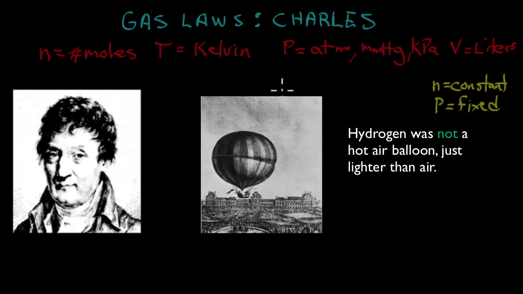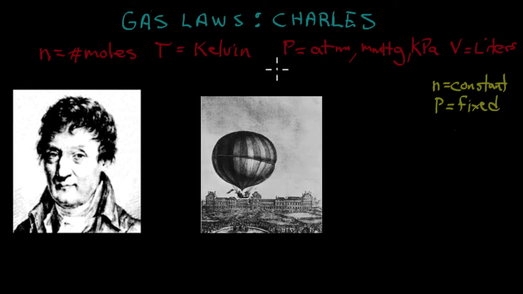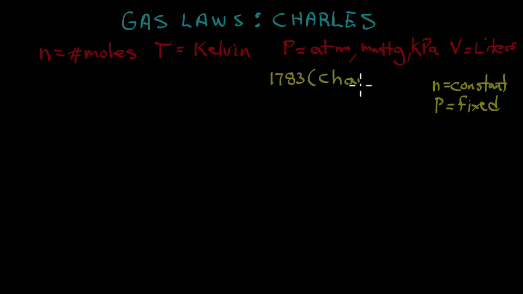The date for that was about 1783. Charles discovered a relationship between the gas and temperature: as the temperature increased, the volume increased. It was directly proportional. That's a proportionality symbol there.